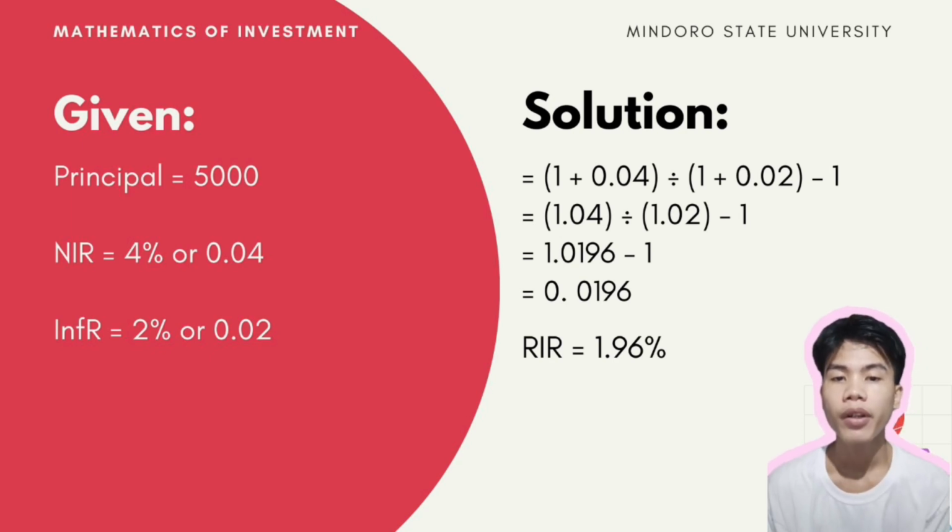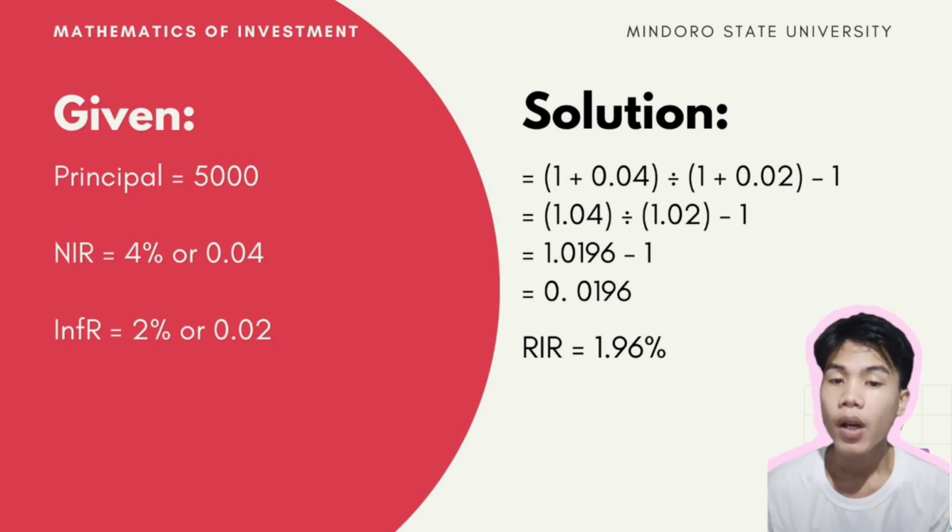Since we are looking for the real interest rate, we just need to substitute the given to the formula. Real interest rate is equal to the quantity of 1 plus nominal interest rate divided by the quantity of 1 plus inflation rate, minus 1. Then the equation will be real interest rate is equal to the quantity of 1 plus 4 hundredths divided by 1 plus 2 hundredths, minus 1. Then it will become 1 and 4 hundredths divided by 1 and 2 hundredths, minus 1.